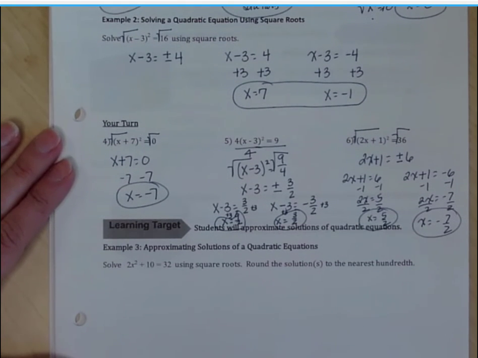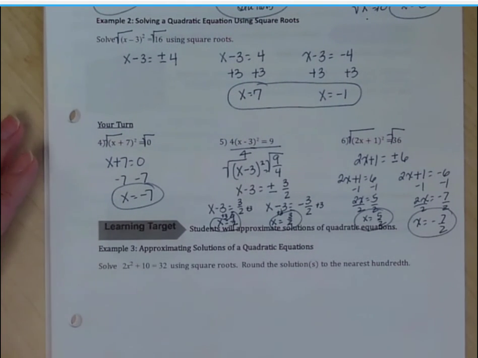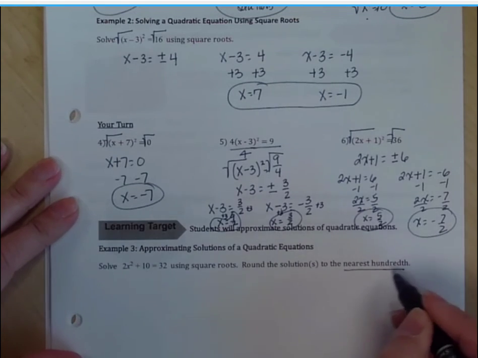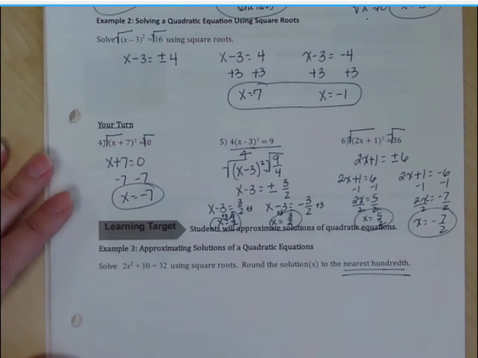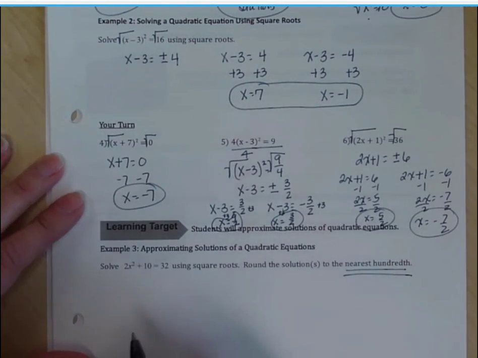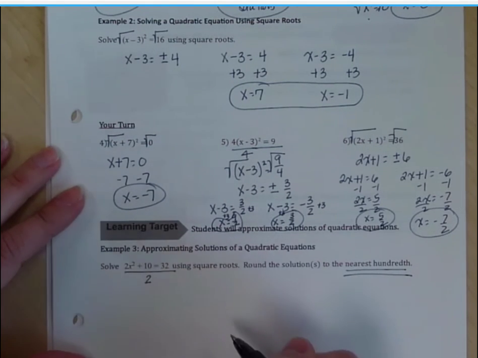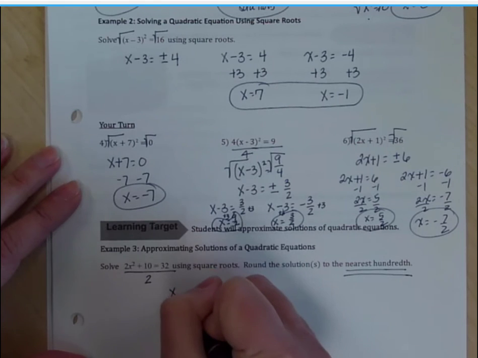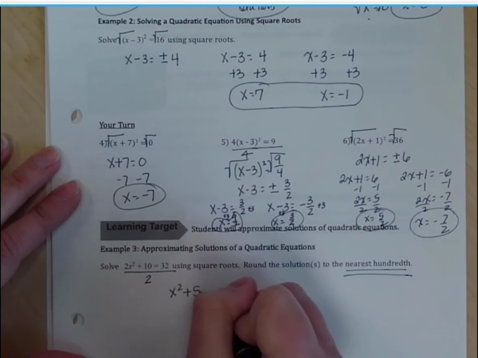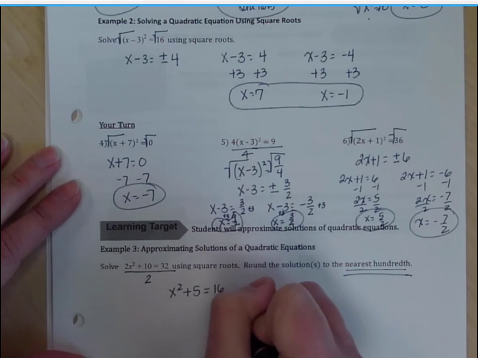Now in all these cases, we ended up with an answer that was, well, a nice number, a whole number or a fraction. Now that's not always the case. Sometimes we're going to have to round. We want to make sure we follow the directions here where it says round to the nearest hundredth. So the first thing I'm going to do here is divide everything by 2. So I end up with x squared plus 5 equals 16.